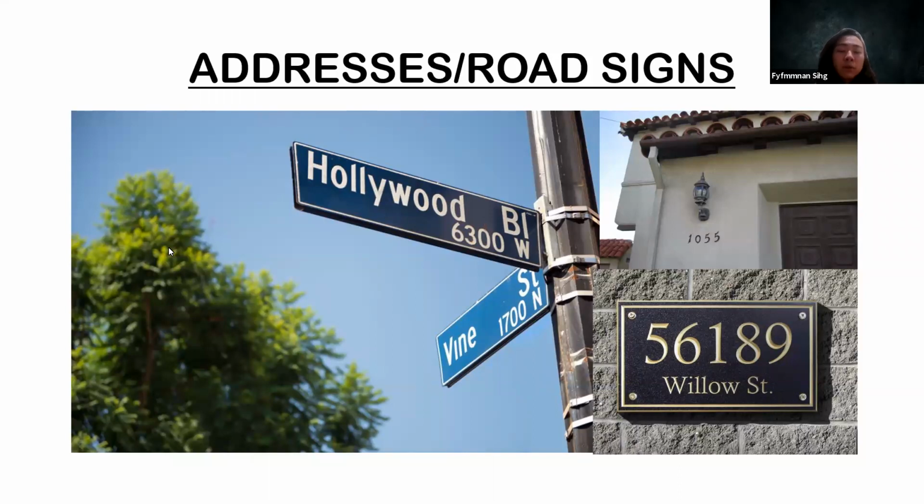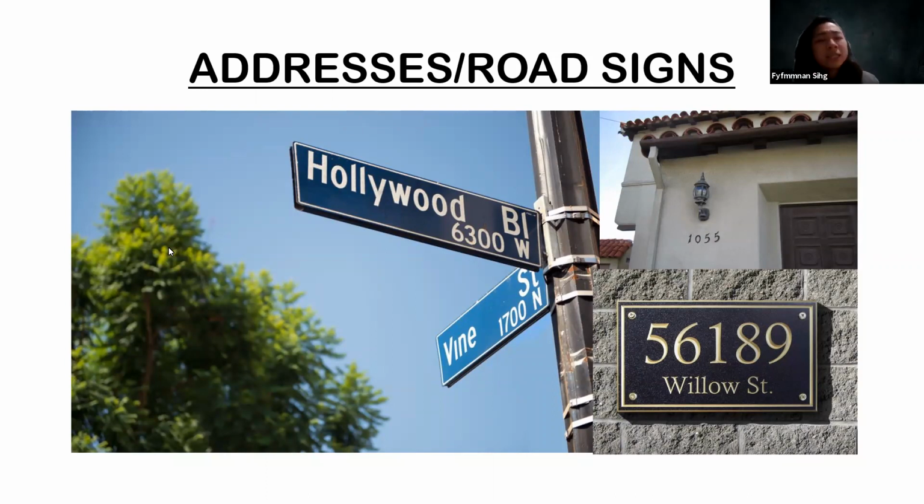In address terms, we are at the intersection of the 1700 block and the 6300 block. It might also be helpful to note the cardinal directions that are provided on the street post. So west and north will also help to orient us.